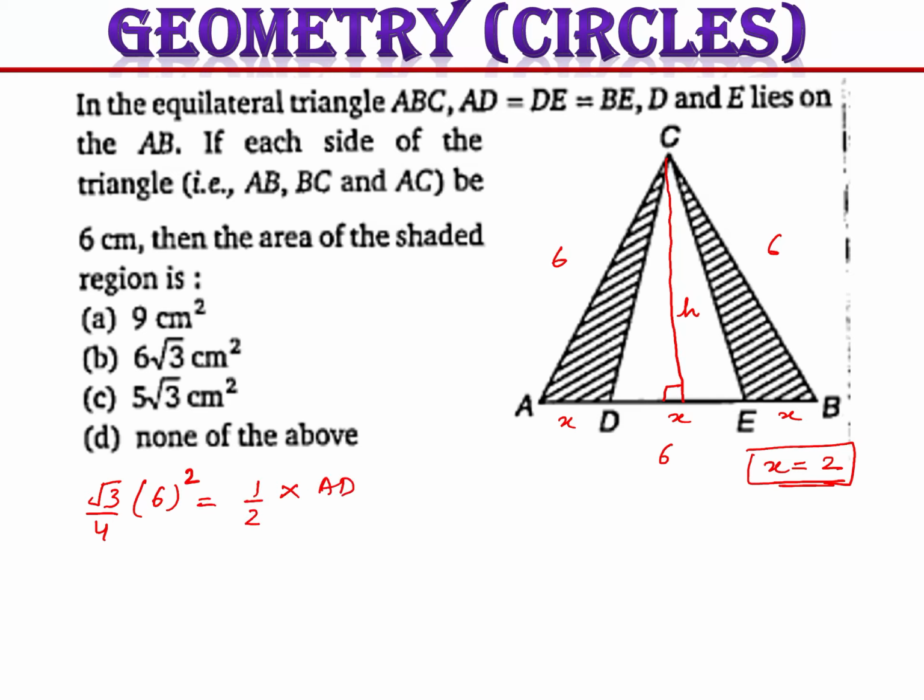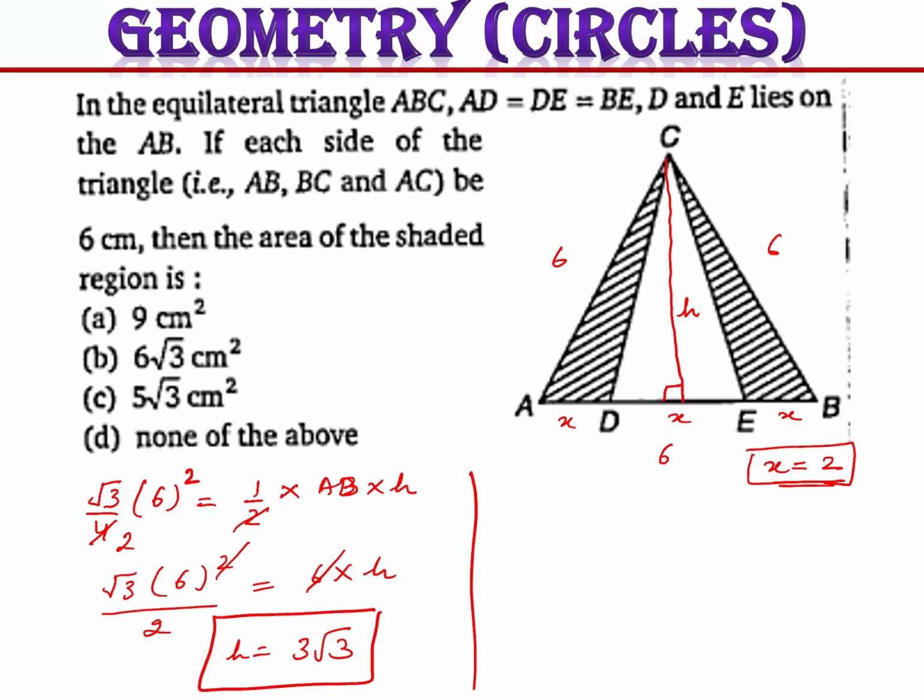So base is AB and the height is h. AB is given to be 6. So root 3 into 6 square by 4 is equal to half into 6 into h. This 6 cancels, h just comes out to be 3 root 3. So here I have the height.